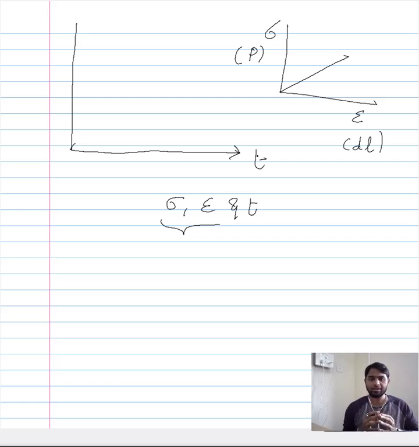So if you take that argument, your creep curve would be of this form. You have the strain on the y-axis and the time on the x-axis. Time you cannot get rid of, because by definition creep involves time. On the other axis you have the choice, but given that strain is more visible to us and it is easy to understand creep behavior in terms of strain, we have that on the y-axis.